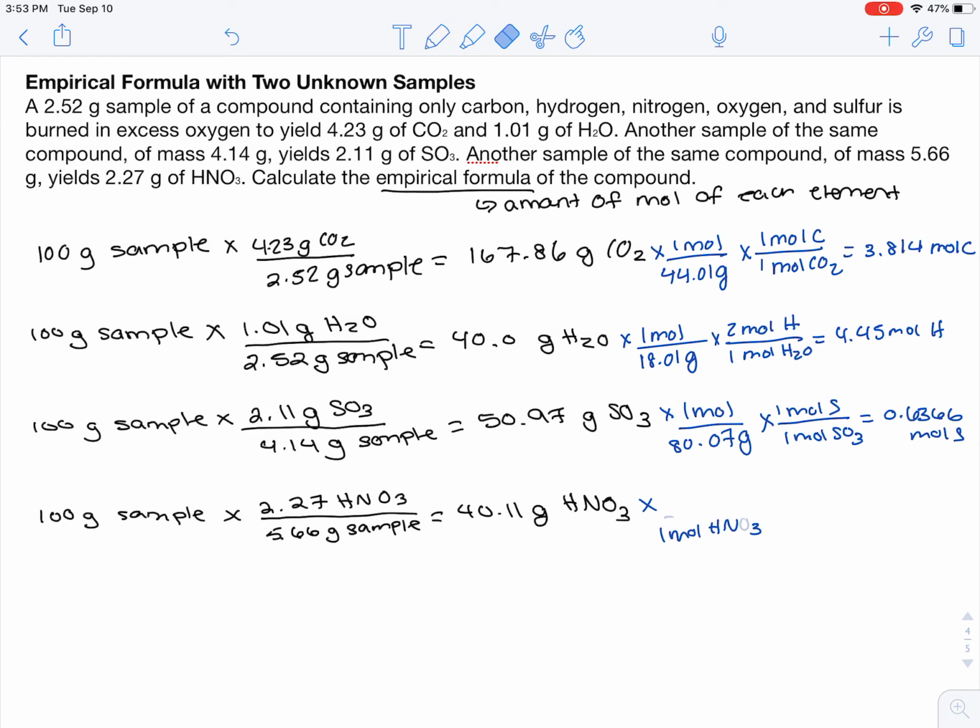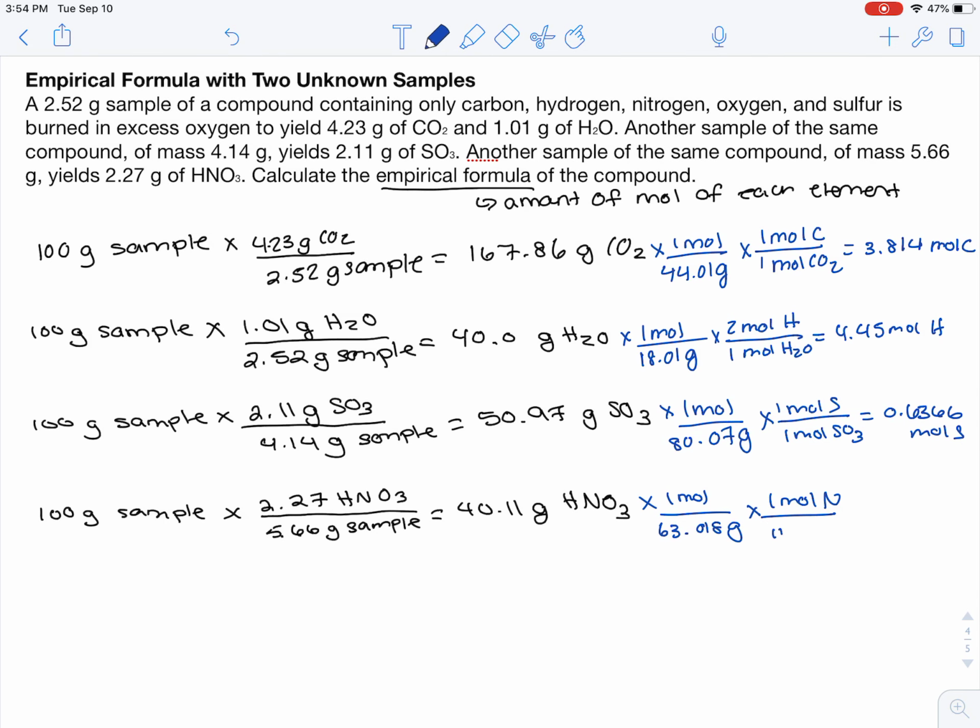Whoops, we first have to take this into moles, using the molar mass, and that comes out to be 0.6365 moles of nitrogen. So we found the amount of carbon, hydrogen, nitrogen, and sulfur. However, we have not found the amount of oxygen.